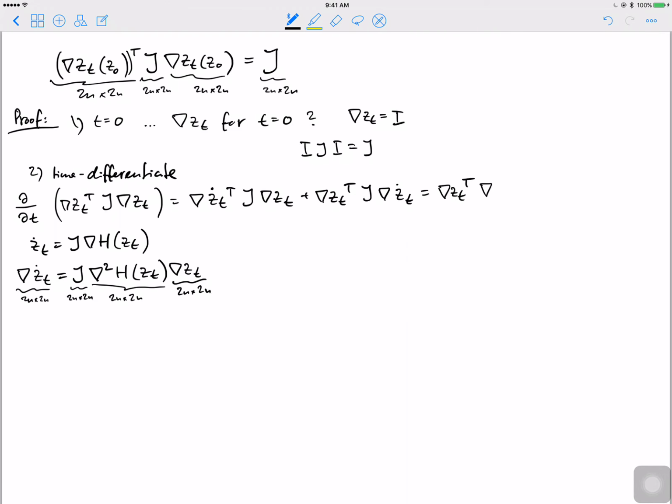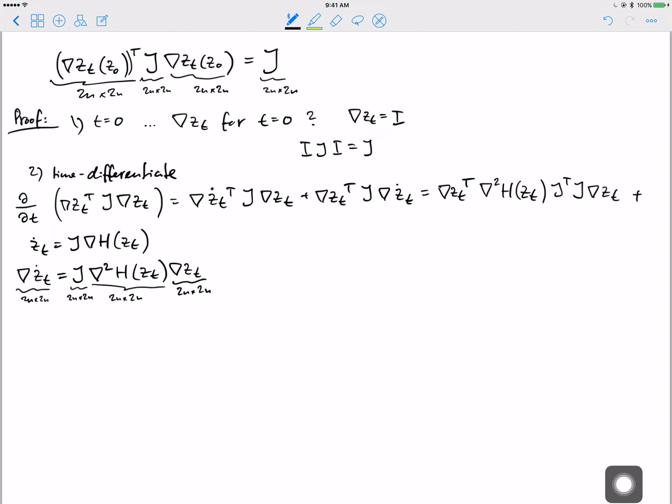Then I have the Hessian of the Hamiltonian transposed, but I can drop the transposition because that's symmetric. Then I have J transposed. And now comes this part here, the Jacobian of z_t, so I just copy that. Everybody got it? Was it animated well enough? So all I did was taking this and substituting it in here, okay?